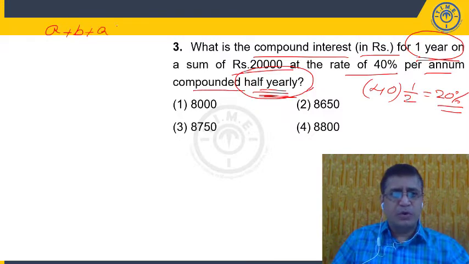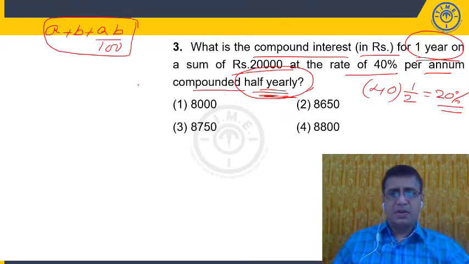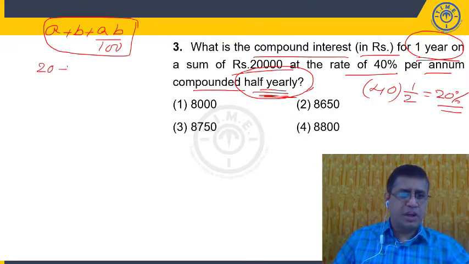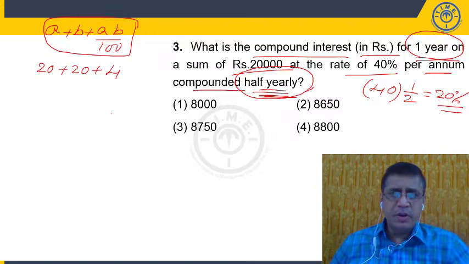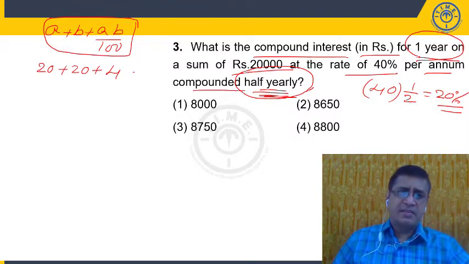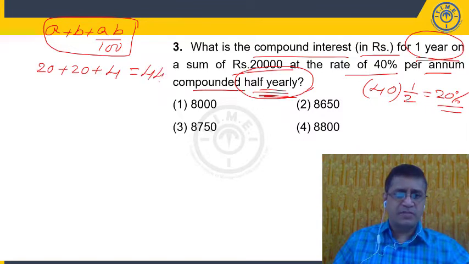This is the best formula to find the effective rate of interest under compound interest. So 20 plus 20 plus 20 into 20 by 100. 20 into 20 means 400 by 100, which is equal to 4. By adding all these, we get 44%.